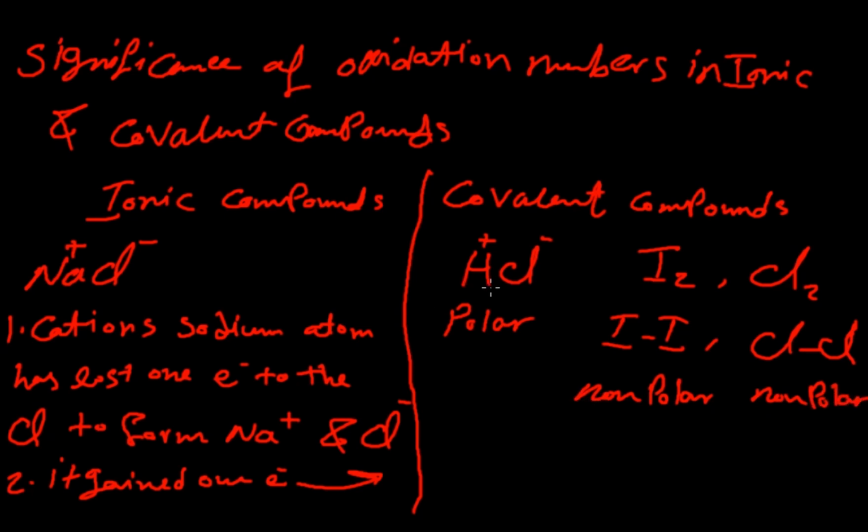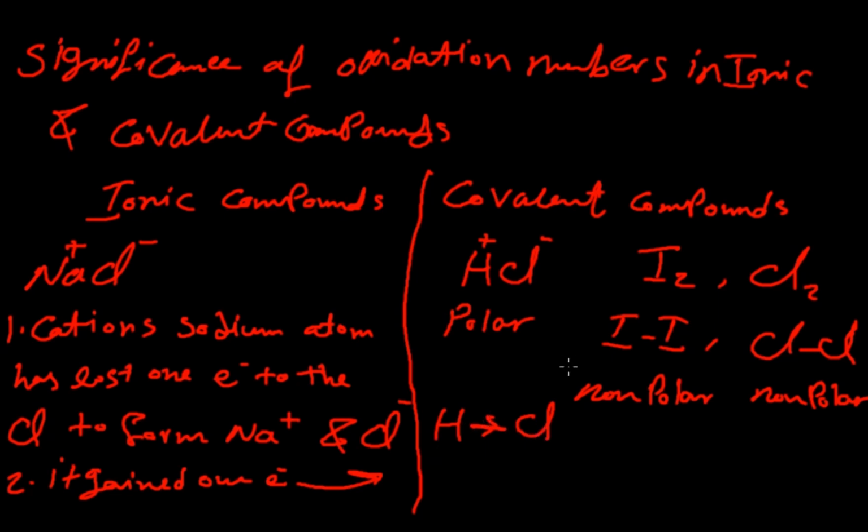So in polar compounds such as HCl, let me write it this way, the electrons of the bond move towards the chlorine atom more than, or are displaced to the chlorine atom compared to the hydrogen atom here.